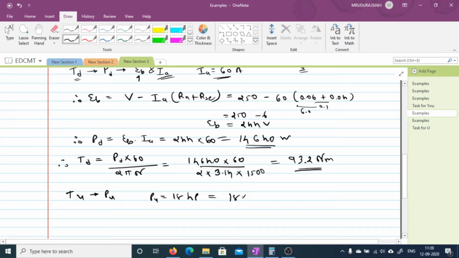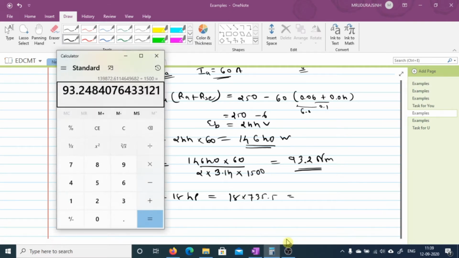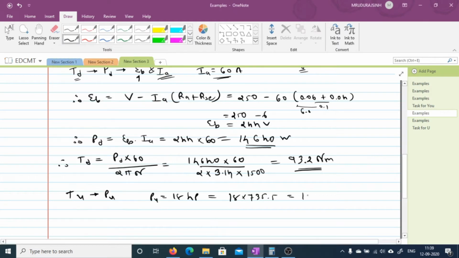So 18 into 735.5. Let's just calculate this. 18 into 735.5 gives us 13,239 watt. So this much watt we are getting.